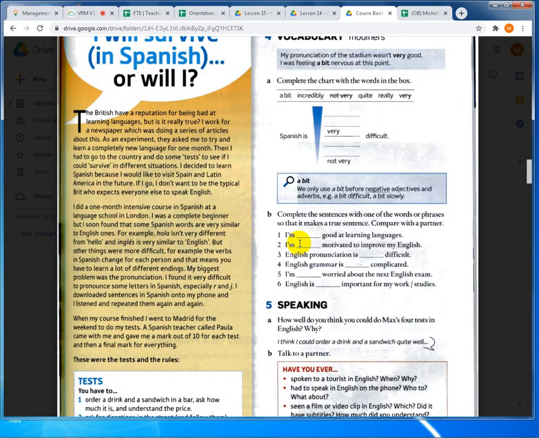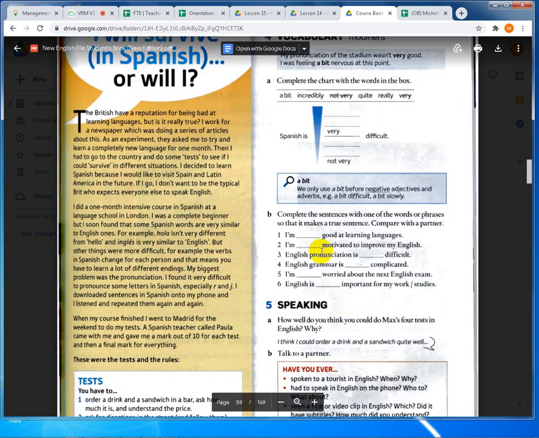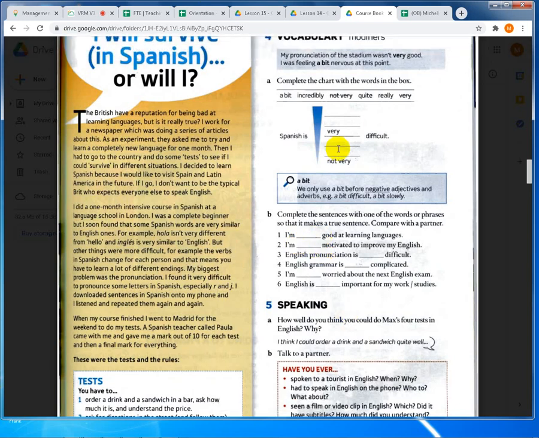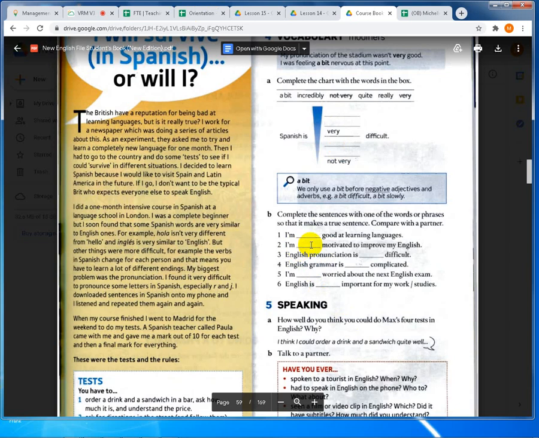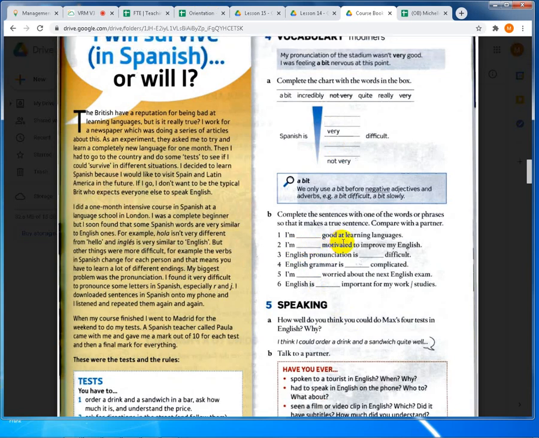For example, number 1, I am going to use not very. So, I'm not very good at learning languages. So that's me. For example, if you are good at languages, you can say, I'm very good at learning languages. So you use the modifier very, right?